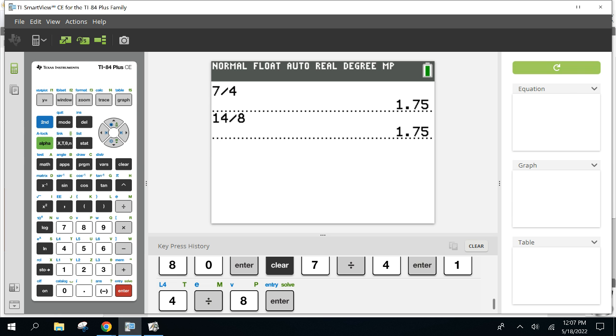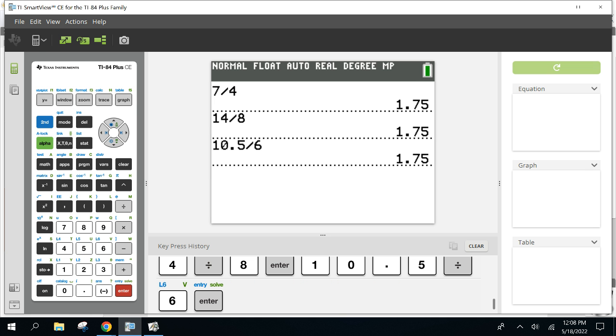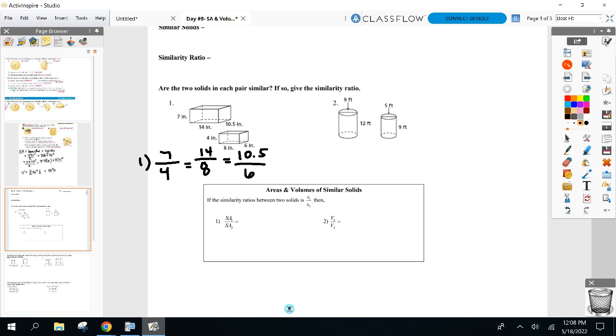Still doesn't make them similar yet until 10.5 over 6. All right, got it, 1.75. So everyone see why they're similar. All the corresponding measurements are in proportion. And it says, are they similar? Yes.